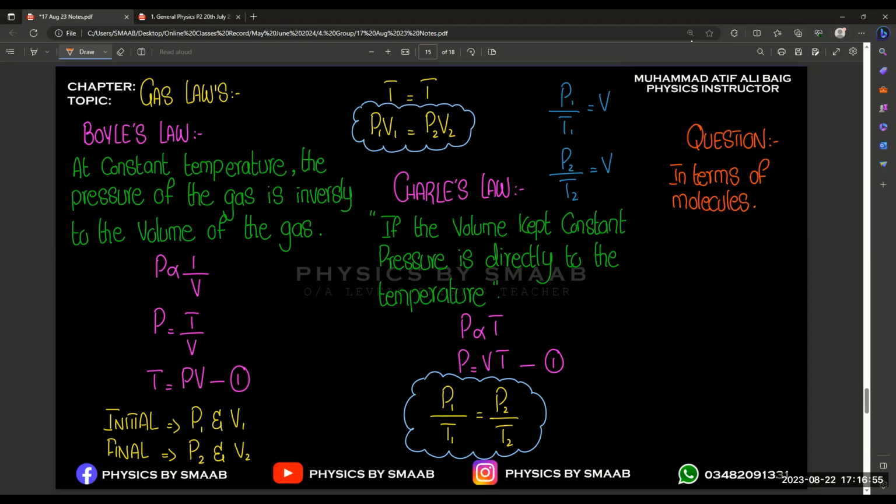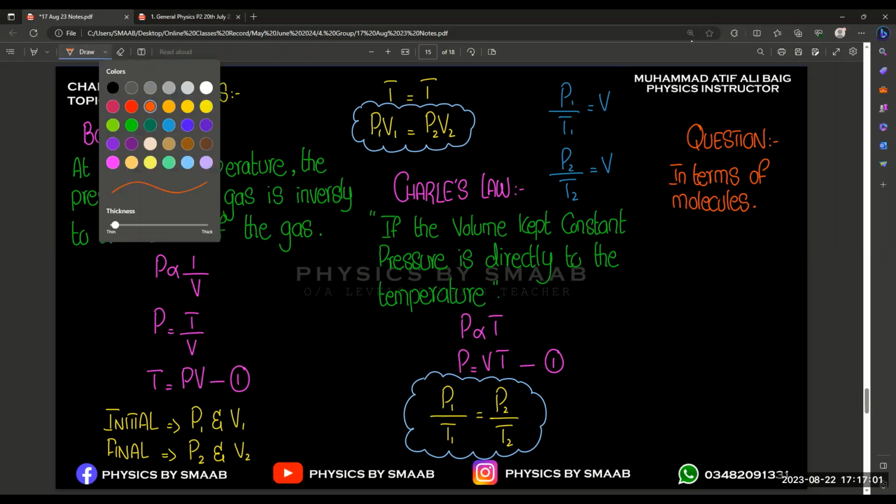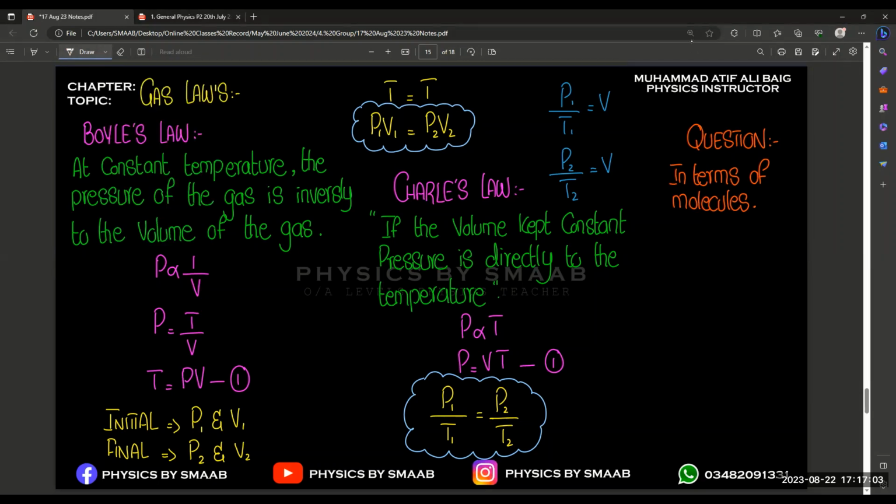So basically, in terms of molecules, let's consider the example of Charles law, right? Let's suppose we apply temperature to a container containing a gas.